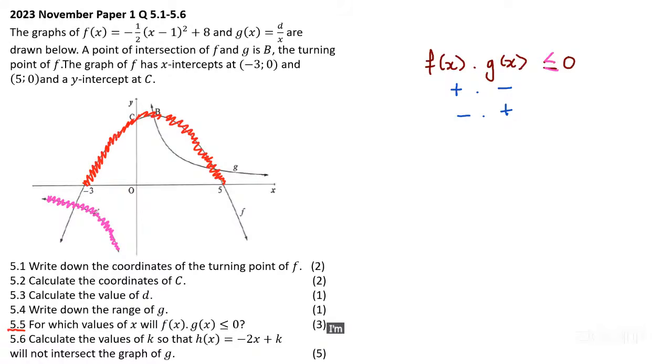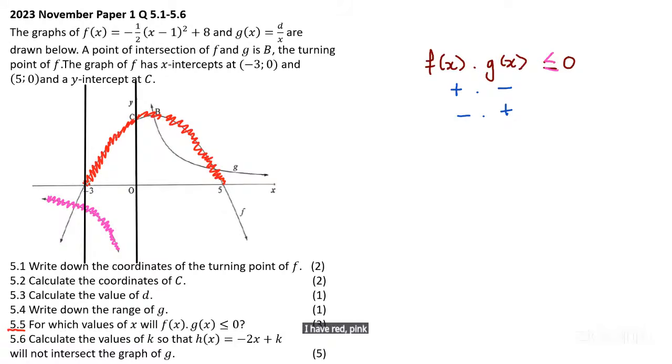So what am I looking for? I'm looking for part of the graph where f is positive, but g is negative. So let me see where that happens. Red, pink, that's what I'm looking for. Anywhere from here up to here, I have red, pink.